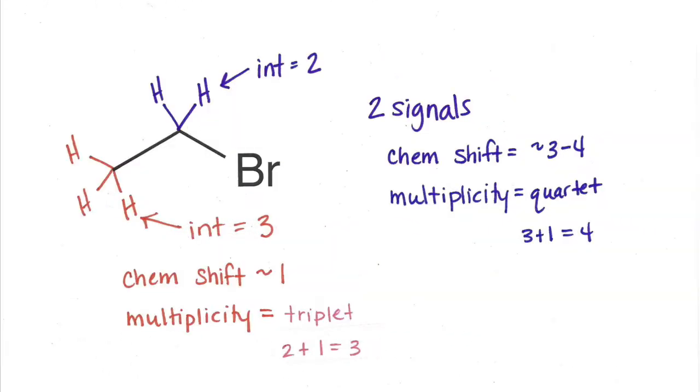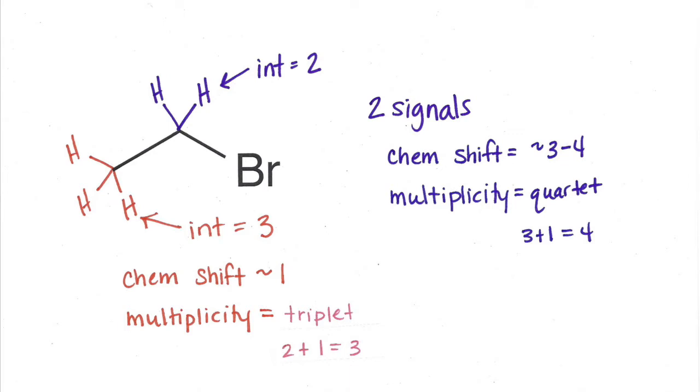The first structure is 1-bromoethane. We previously determined that there would be two signals in our NMR spectrum. When we look now at the protons in orange, these protons are part of a methyl group. The carbon that they are bonded to is bonded to another carbon. So the chemical shift that we would expect for these protons would be in the alkyl region, so a chemical shift of around 1.